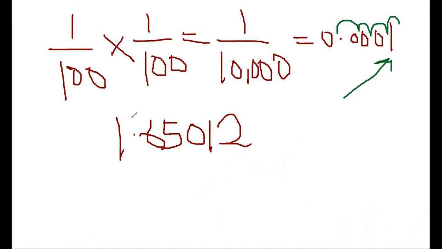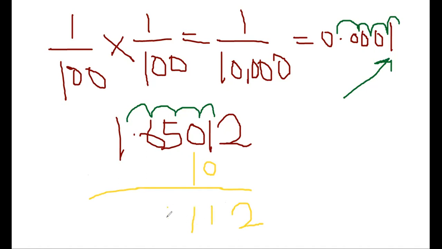Since this is 1, 2, 3, 4, if you add 10 pips, you should have 1.65112. I've added 10.